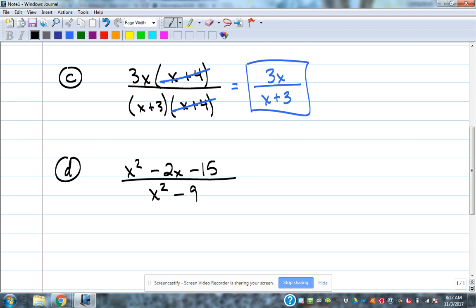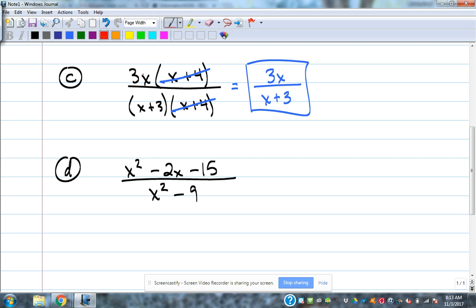This x squared is tied together with 2 subtractions, so there's no way I can cancel those two. The 9s and the 15s are tied together with subtraction, so no way to cancel those. But we see quadratics. And what do we know we can do with quadratics? We can factor them. So let's factor the numerator and the denominator as much as possible. That's the goal with these rational expressions, is factor everything as much as possible.